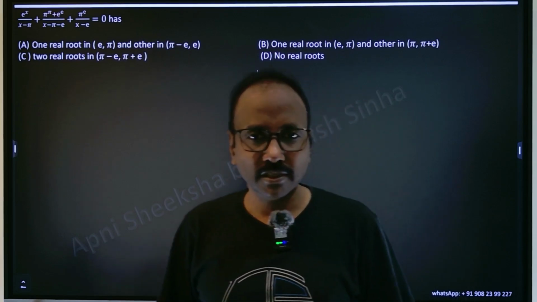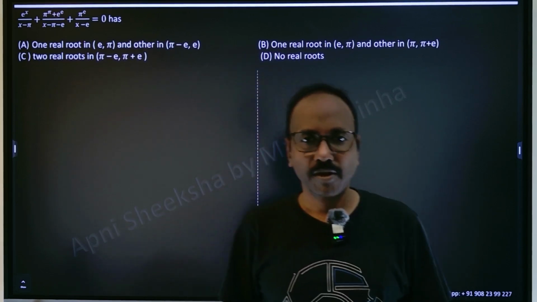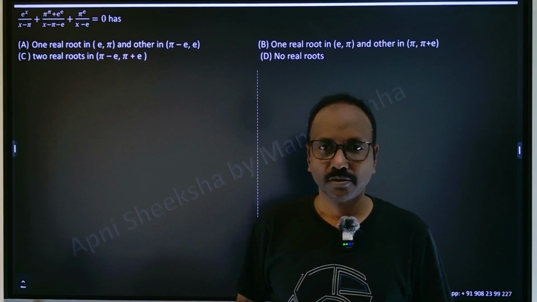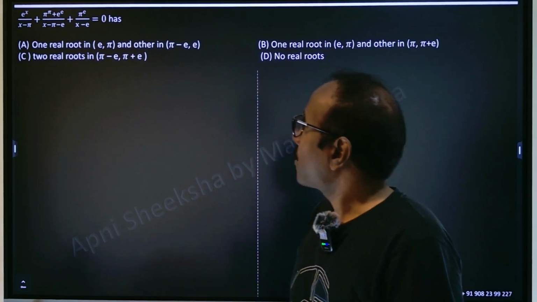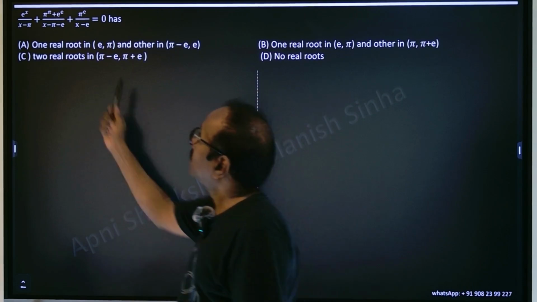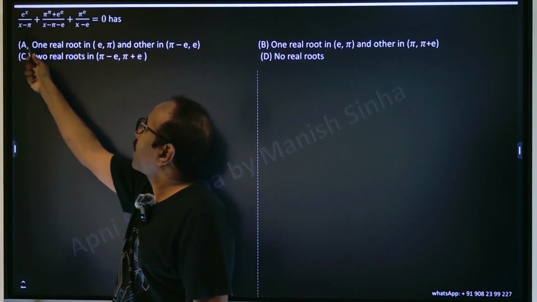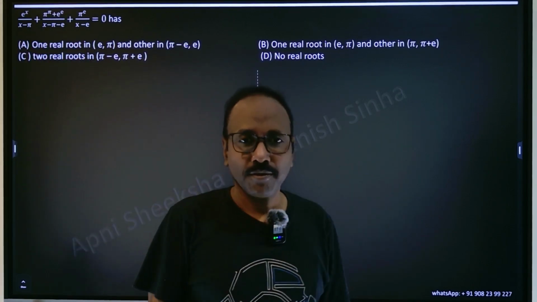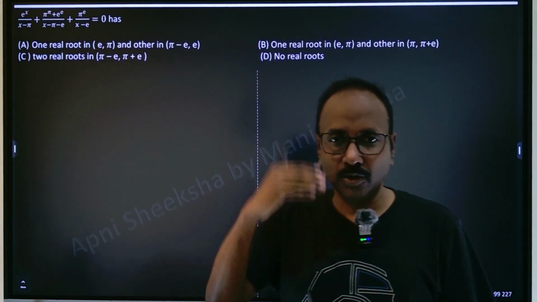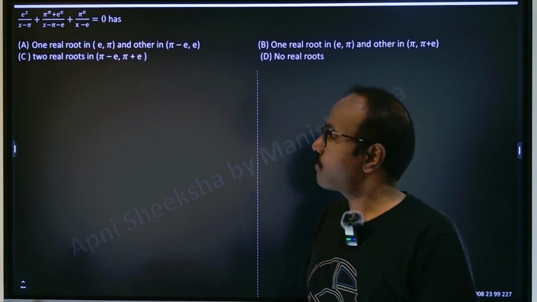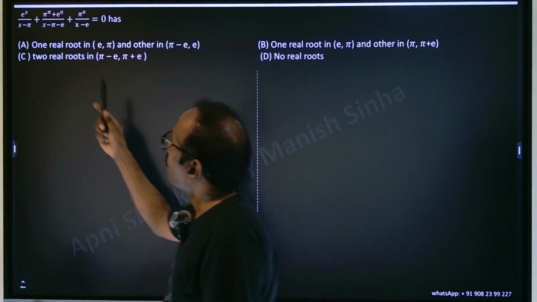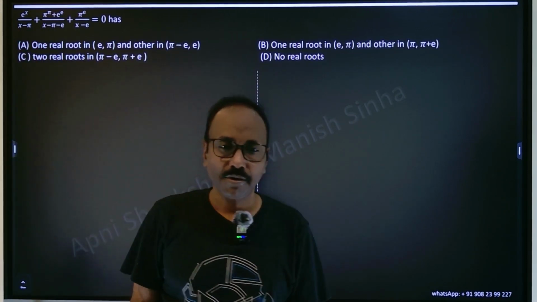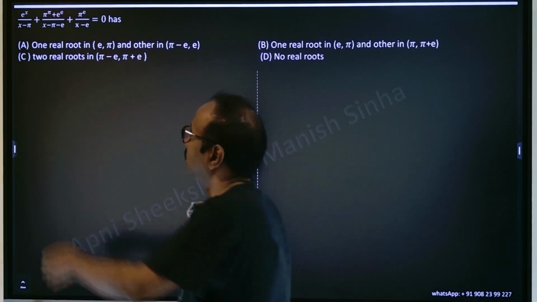So give a thought on this and then we'll solve it together. You can notice here, when we simplify this left hand side into numerator and denominator, it is not a polynomial of degree 2, meaning it's not a quadratic equation.